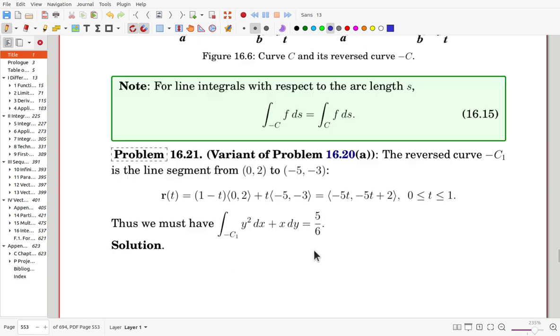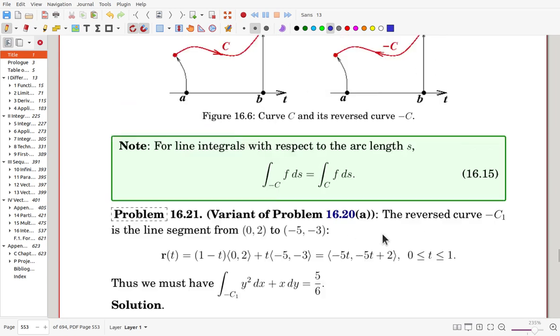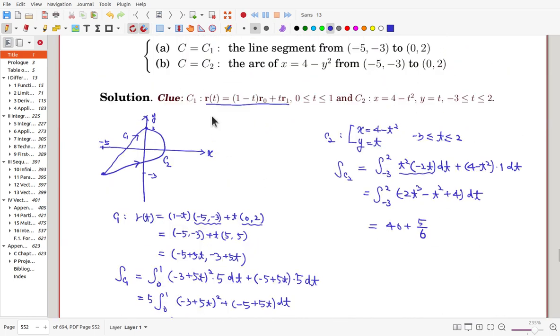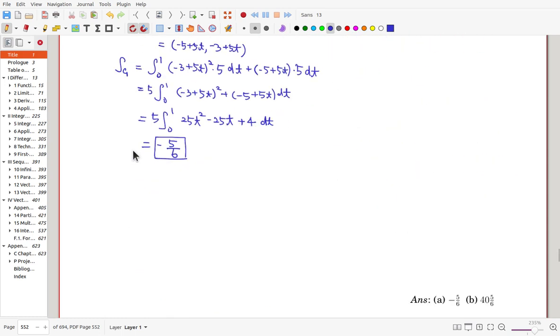Now let's see the reverse curve minus c1 we considered in this example. Okay, here c1 is the line segment from minus 5, minus 3 to 0, 2. For c1 we consider minus c1, which means from here to there.